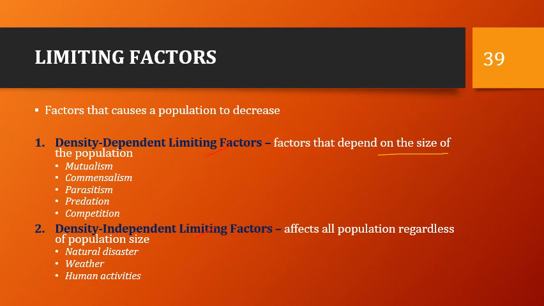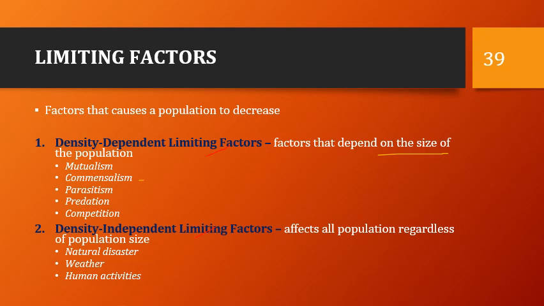So when we are pertaining to mutualism, it's generally a positive interaction. In some cases, it can actually lead to resource competition, limiting population growth. Okay, so when we say commensalism naman, it's similar to mutualism.